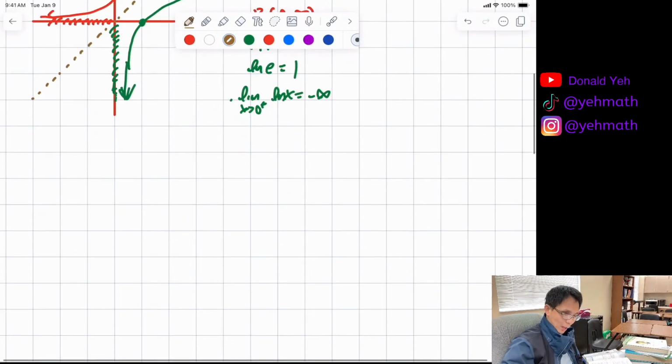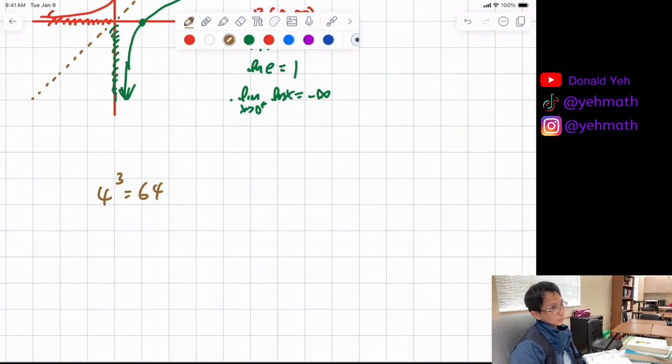First of all, I want you to convert this to logarithm form. ln e: ln and e are inverses of each other, so they cancel out and become 1.